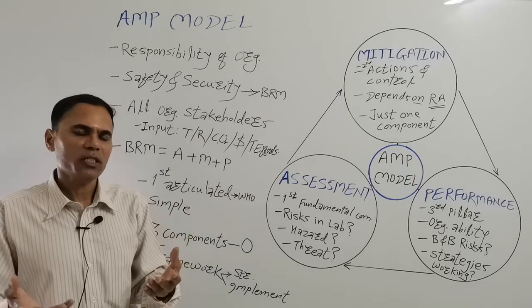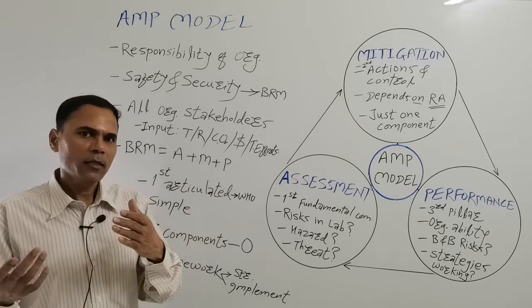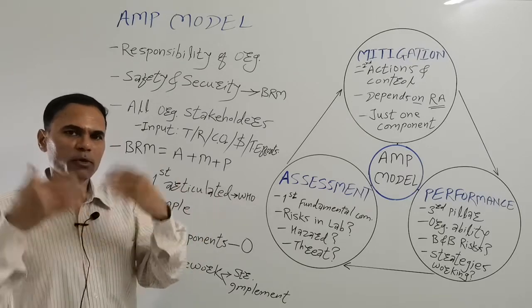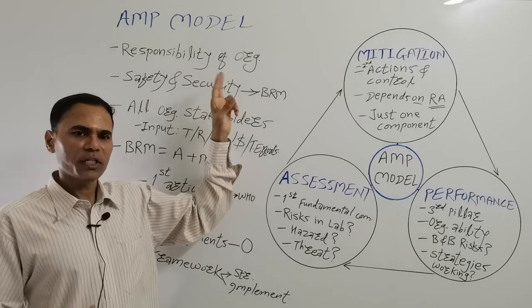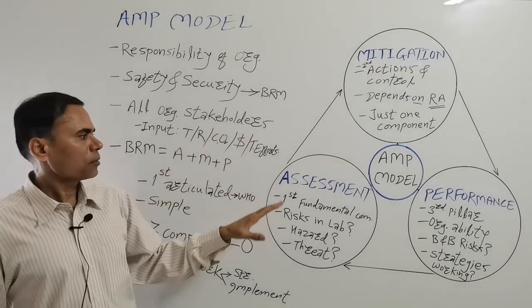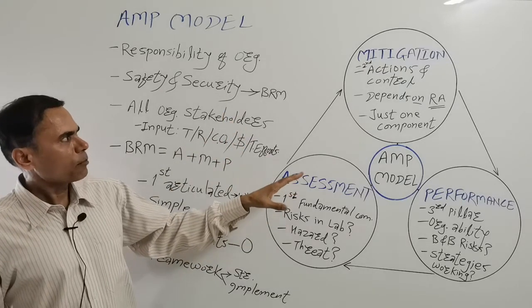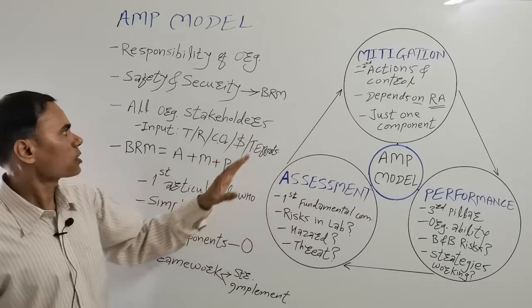One approach is PDCA, Plan Do Check Act, and if you want to learn more about that, you can see another video here. Another approach is the AMP model: assessment, mitigation and performance.